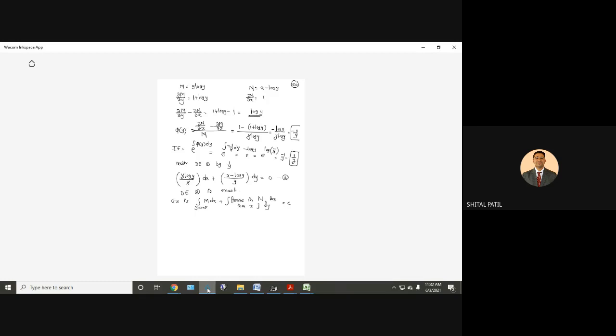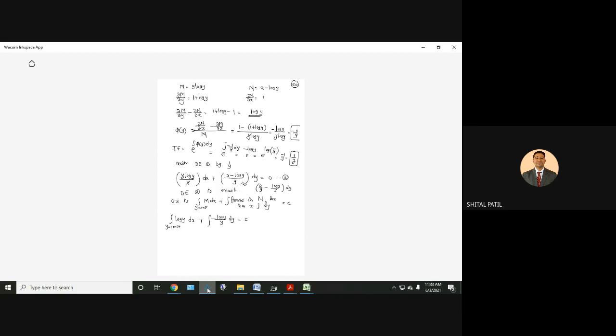So log y, integration of log y constant, so no problem, plus if you simplify this term, it will be x by y minus... we should have written one more step, but since I want to write everything on this page, I have not written it. So it will be like this: x by y minus log y by y. Okay, so log y divided by y is free from the x.